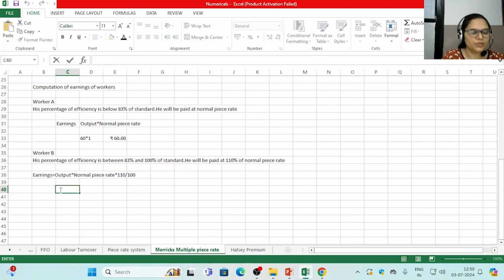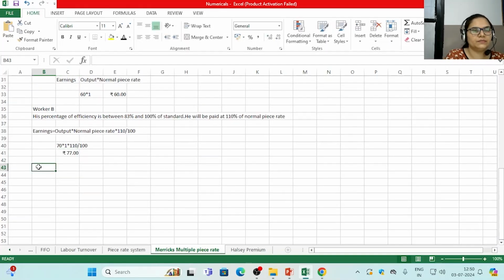His output is 70 units, the normal piece rate is 1, and into 110 divided by 100, it will give you rupees 77.